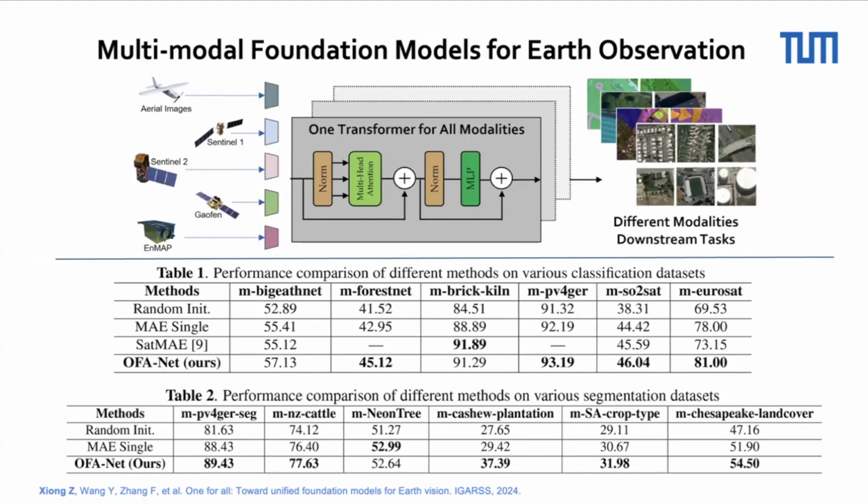We can see that AlphaNet works better than random initialization, and the MAE single is a baseline method where we train the model individually for each different data modality. We can see our AlphaNet works better than the baseline MAE single.